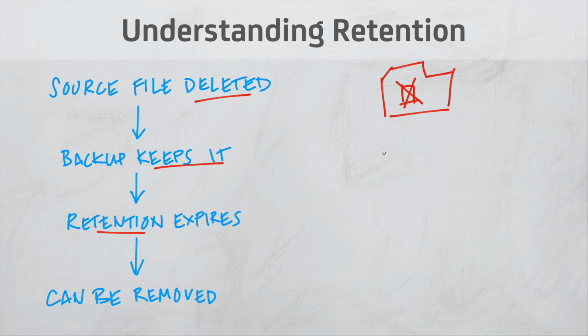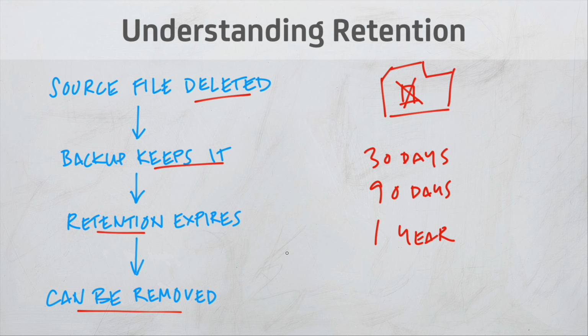So you might set that retention period to 30 days or 90 days or 1 year, depending on what your requirement is for the backup. But when that retention period has expired, P5 will remove the file that was deleted from the backup. P5 will expire the file in the backup so that it can be then removed from the backup.